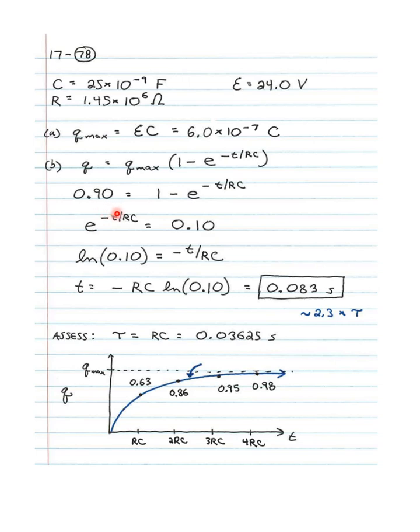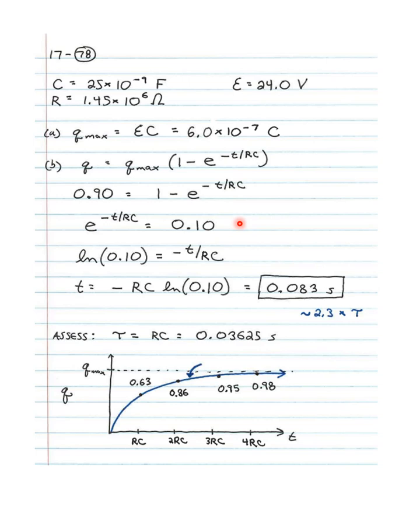So 0.90 equals the bit in parentheses, 1 minus e to the negative t over RC. Now we have to algebraically solve for t. So I've moved e to the negative t over RC to the left-hand side. I've subtracted both sides by 0.9. So the right-hand side becomes 1 minus 0.9. And so we get e to the negative t over RC is 0.1.